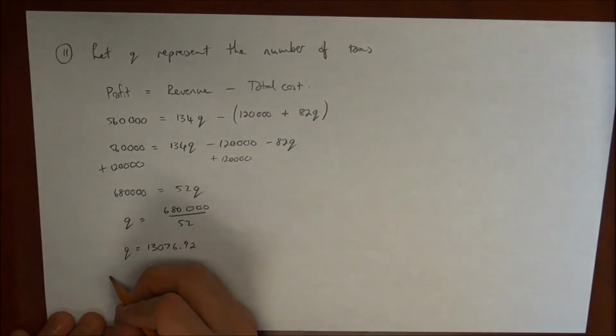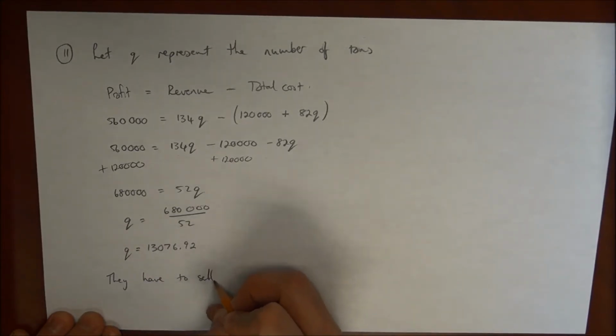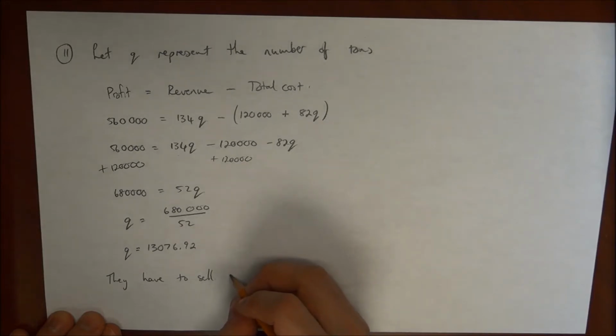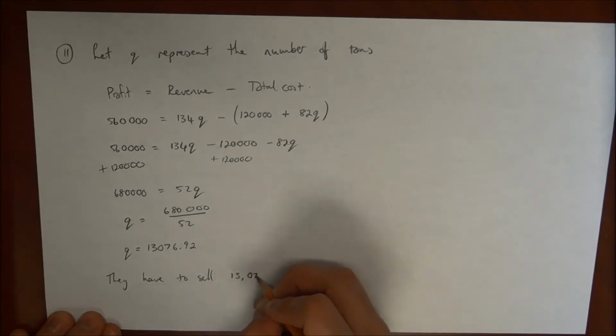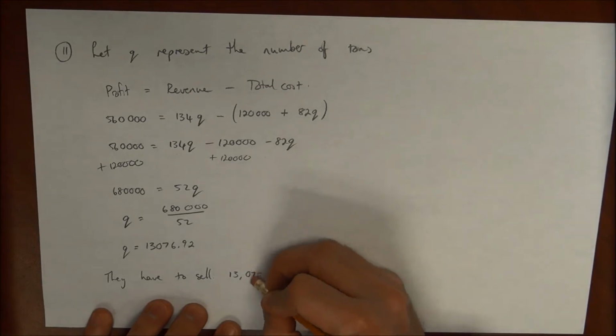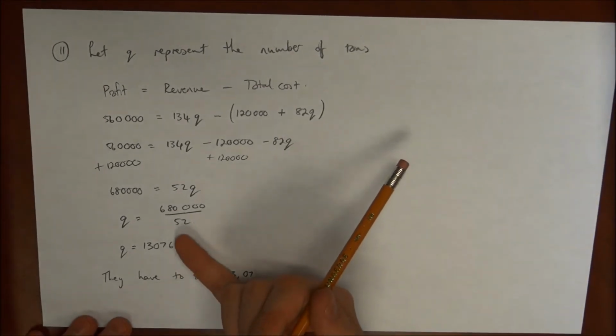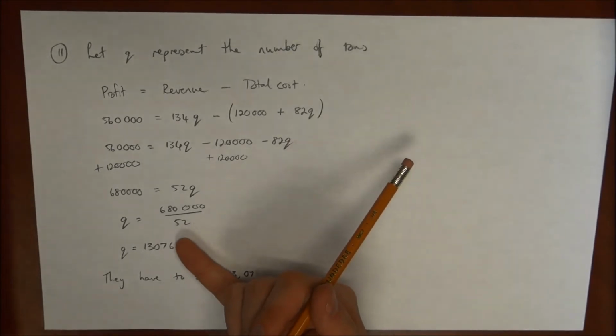So they have to sell, I would say, 13,076. Well, in this case, I would probably round it up, because if they sell 13,076 only, then they're not going to make that profit.